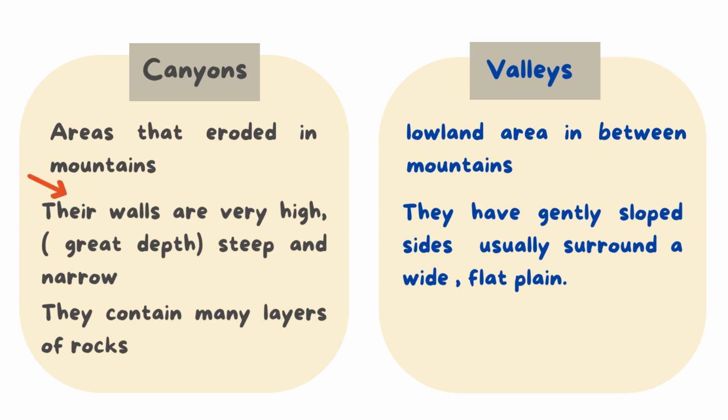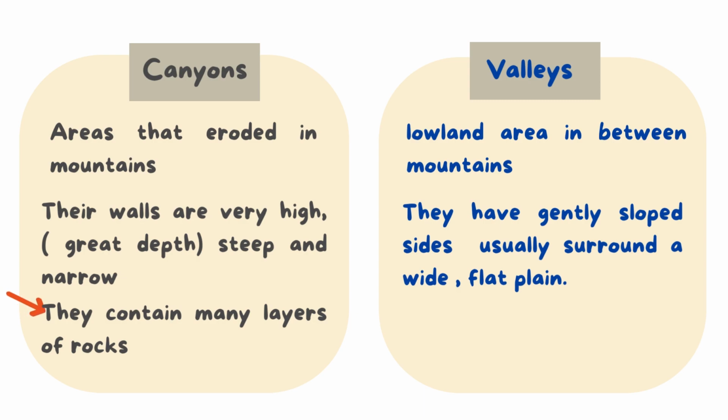The second point is that the walls are very high, with great depth, steep and narrow in the canyons, as we saw. But in the valley, they have gently sloped sides that usually surround a wide, flat plain. Here we have another point in the canyons: they contain many layers of rocks.